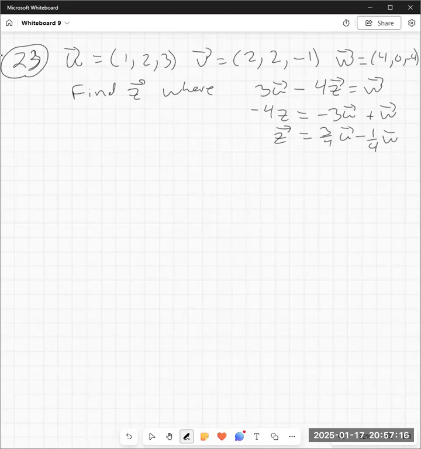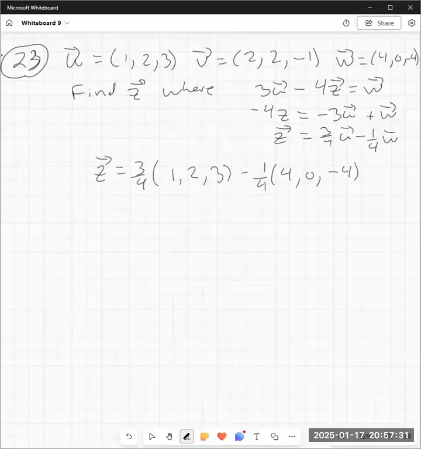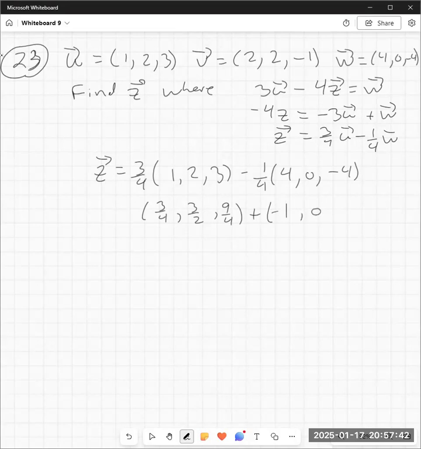So z is equal to 3/4 of u minus 1/4 of w. So that's going to be 3/4, 3/2, 9/4 plus negative 1, 0, 1.